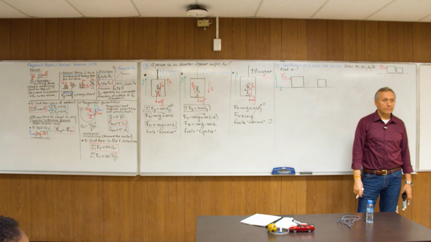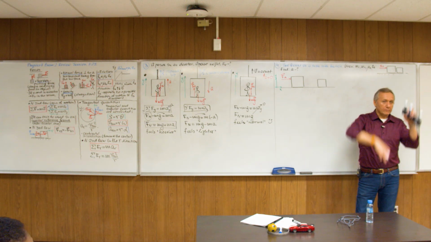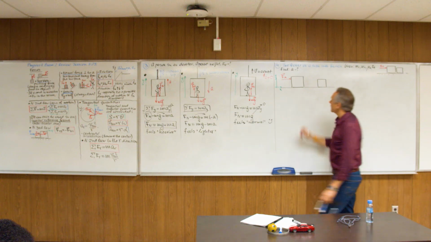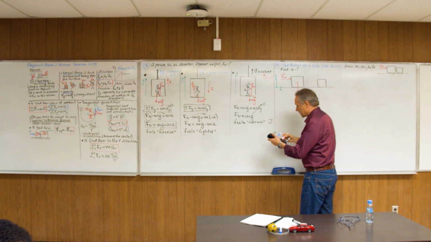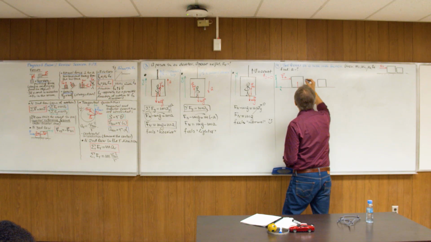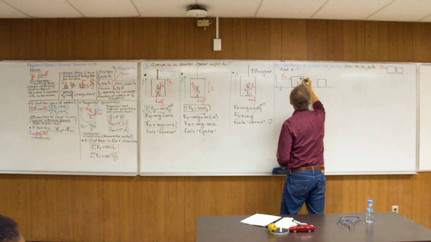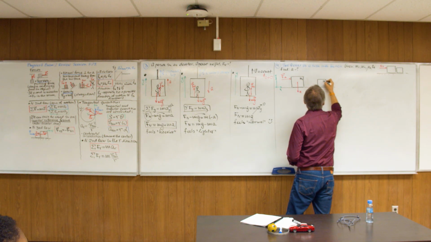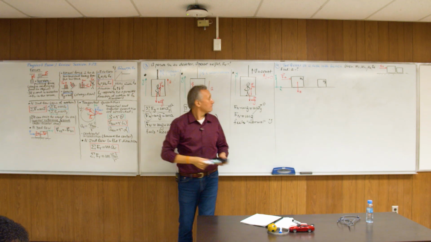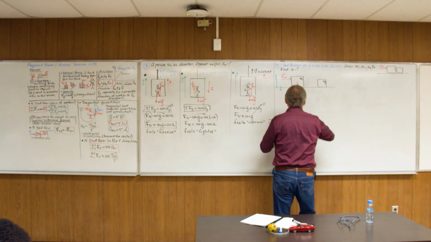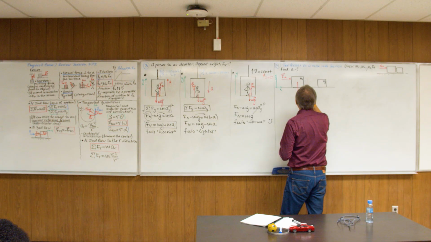Then, okay, normal force, gravity in a vertical direction. I'm not even asking, right? So the first box is M1. I need to label them. Now I realize, so it's M1. This is M2, right? So that's applied force.